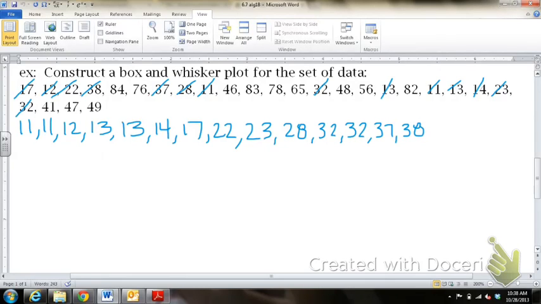Okay, and then the 40s, 41, 46, 47, I need to come down a little bit. 48, 49. 50s, I just have a 56. 60s, 65. 76, 78.